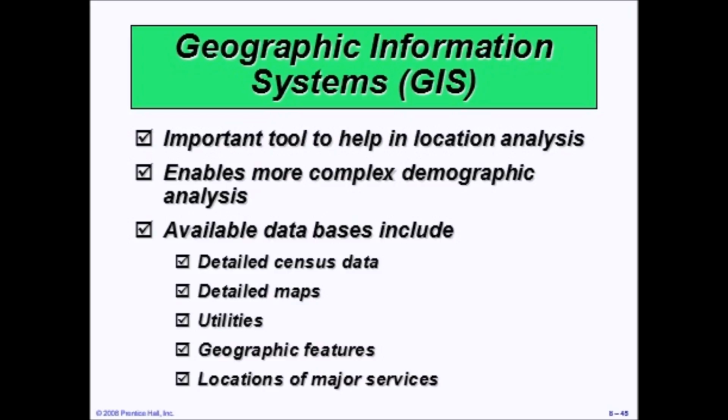These are the detailed census data, detailed maps, utilities, geographic features, location of major services. This enables people to more easily see, analyze, and understand patterns and relationships. It is an important tool to help in location analysis, enabling more complex geographic analysis.